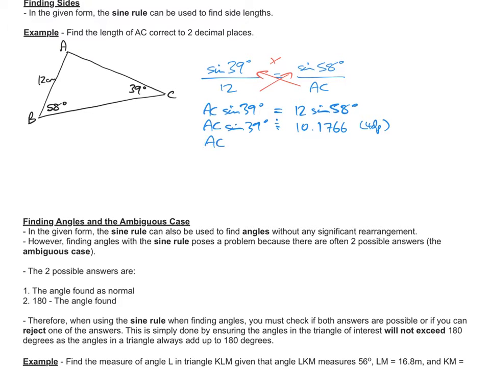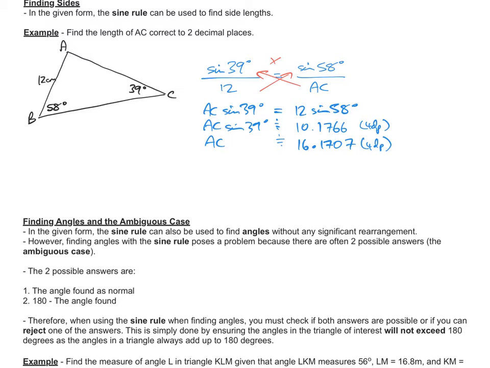To find what AC is, I need to divide both sides by sine 39. So divide that by sine of 39. That comes to 16.1707 to 4 decimal places.